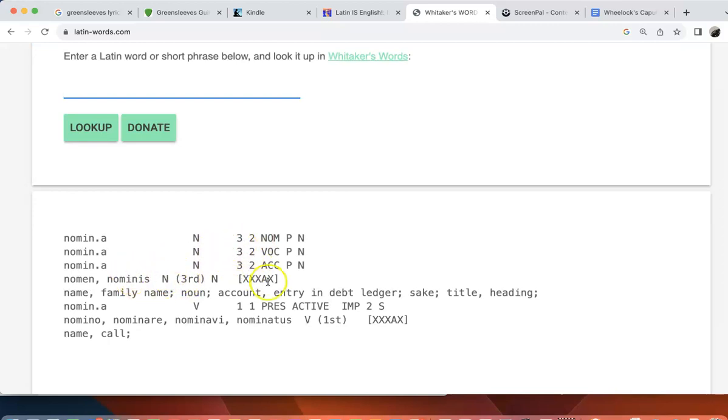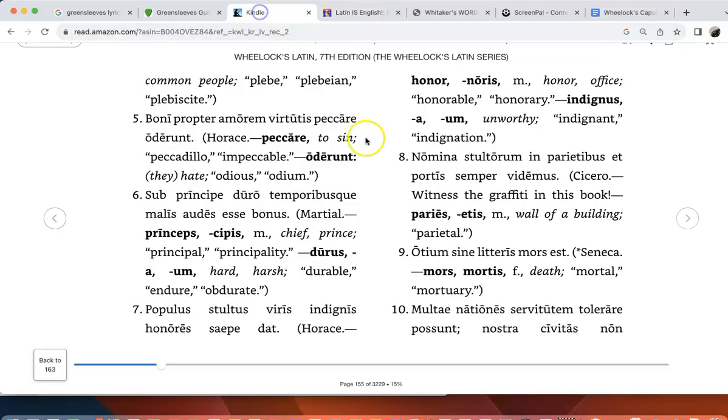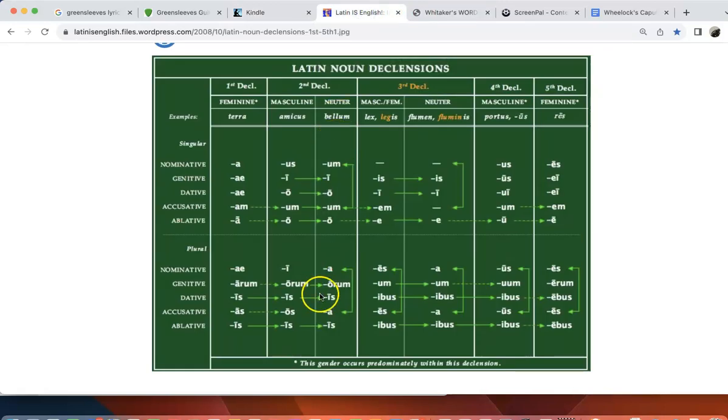So nomen nominis, names. We look on third declension, accusative plural. The letter A is the ending, so there's the plural. So we have to recognize that as the direct object because we already have the subject with we see. And then of stupid people, that's going to be second declension, genitive plural, orum.